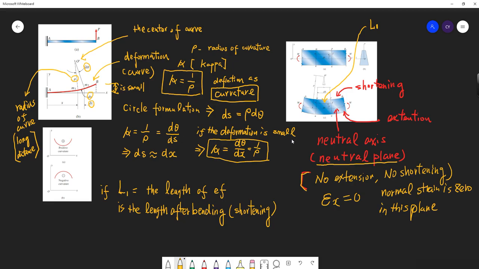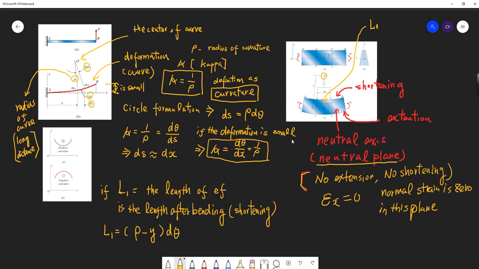So L1 should be equal to rho minus y, times d theta. Why? You will look, this is the center.